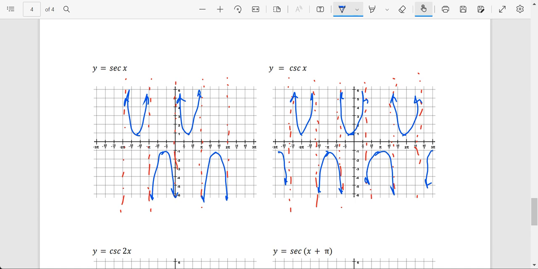So it's 1 over, in the secant's case, your x values. And I just realized these are backwards. Sorry, cross it out. It's y equals secant x, y equals cosecant x. Okay, because the graph on the left is the reciprocal of all your y values. And this one's your x values in regards to your unit circle.